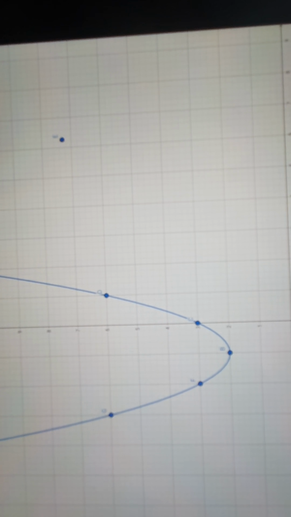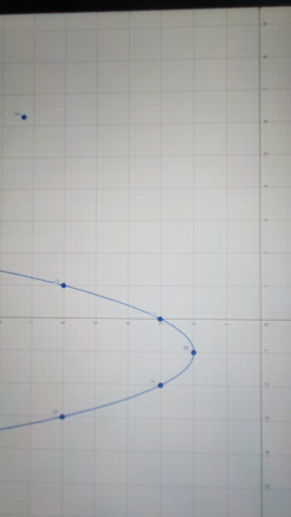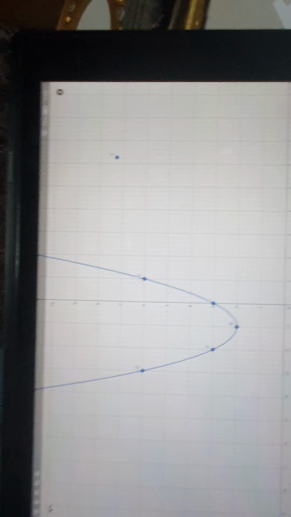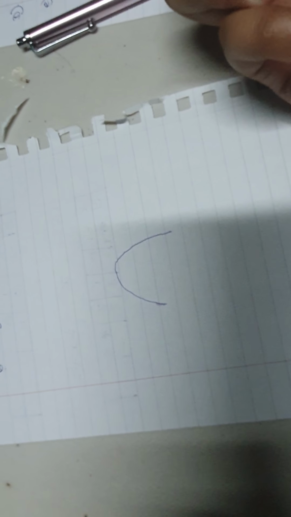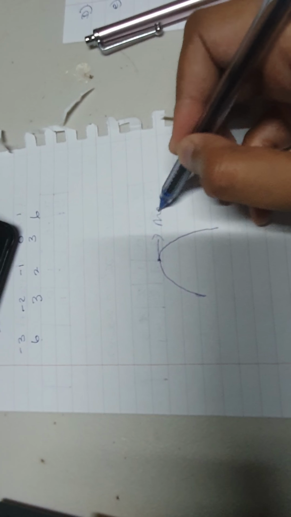So part C of the question asks us, does your graph have a maximum or a minimum point? Now, let me just show you something. So here on my paper, graphs shaped like that have a highest point, a maximum point. So the highest point is called a max point.